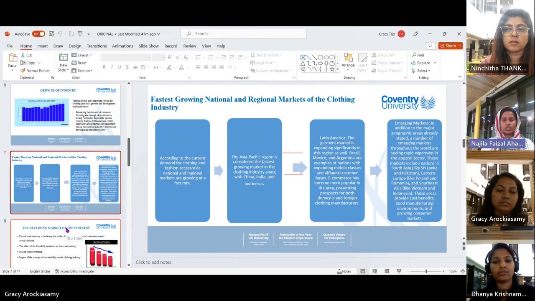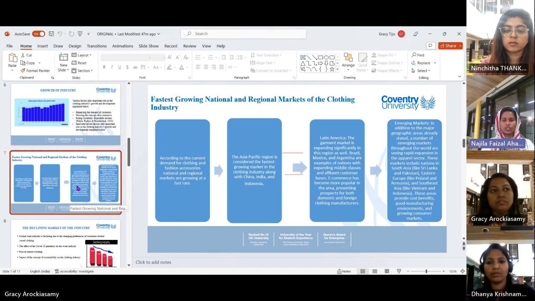The Asia Pacific region has been a significant player in the global clothing industry, and countries like China, India, Bangladesh, and Vietnam have been experiencing substantial growth due to their larger populations, increasing disposable incomes and expanding middle class. These countries have also been favored for their relatively low production costs, making them attractive destinations for clothing manufacturers.